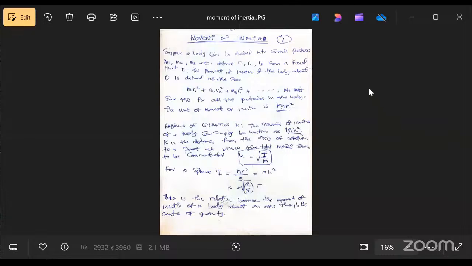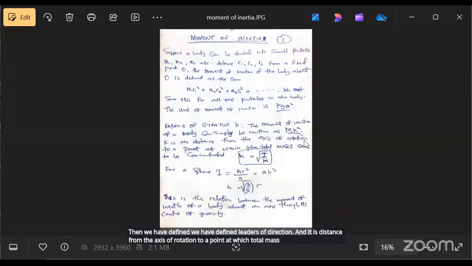So we have moment of inertia. We have related it to radius of gyration, where you have K replacing R. Therefore, moment of inertia can be written as M K squared. We have defined radius of gyration to be K, the distance from the axis of rotation to a point at which the total mass is seen to be concentrated.